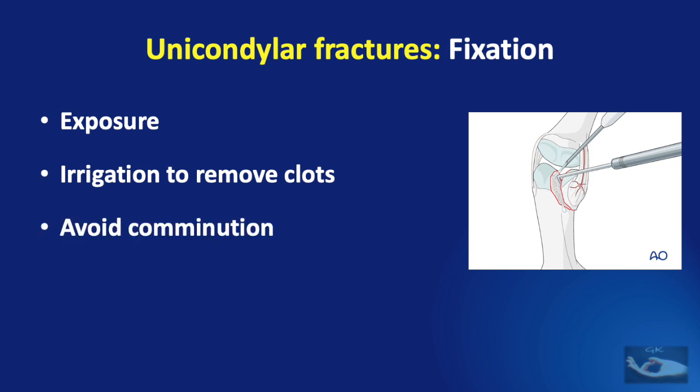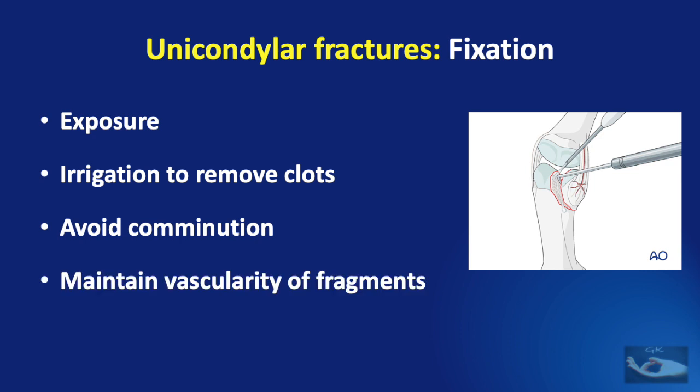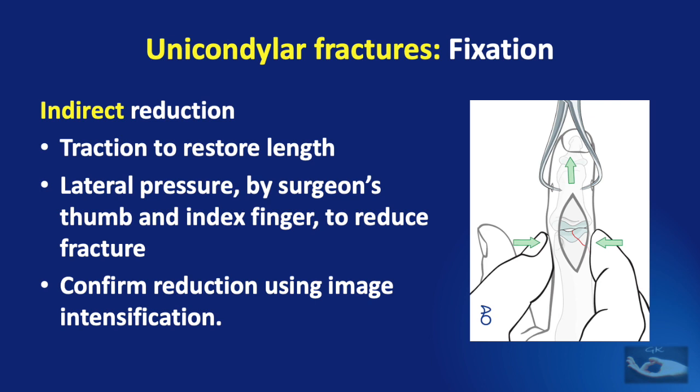Careful handling of the bone segments is very important to avoid crushing the bones and causing comminution, and the vascularity of the fragments must be maintained by retaining the attachments of soft tissues, especially the collateral ligament. Next, the fracture must be reduced either by indirect reduction, where traction is applied and lateral pressure by the surgeon's thumb and index finger will reduce the fracture. This can be confirmed using image intensification.